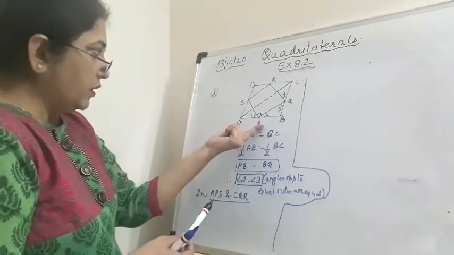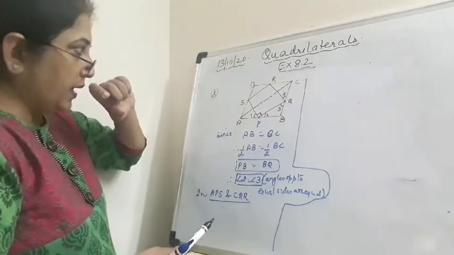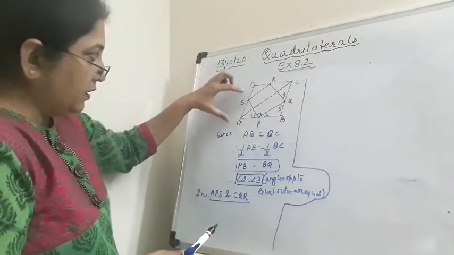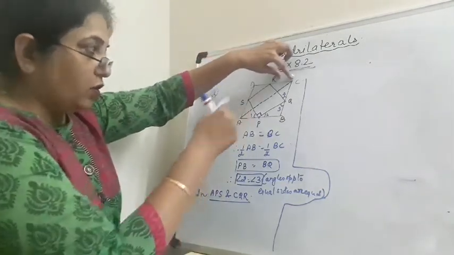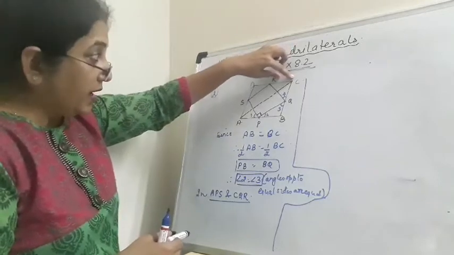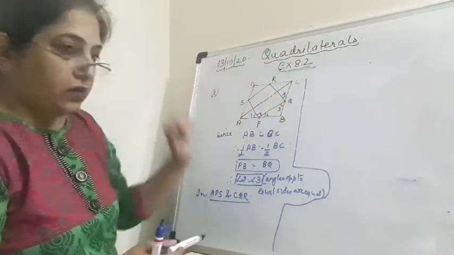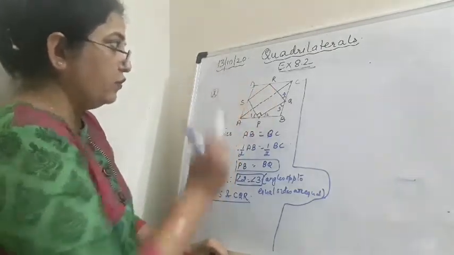Like AP will be equal to CQ, yes, and AS will be equal to RC, because these are all halves of the equal sides, and we know that PS is equal to RQ because it is a parallelogram. So therefore these two triangles will be congruent and 1 will be equal to 4.